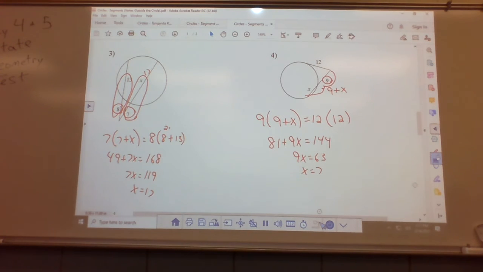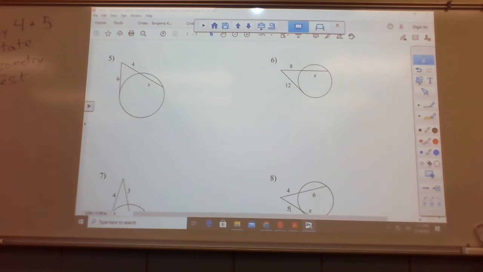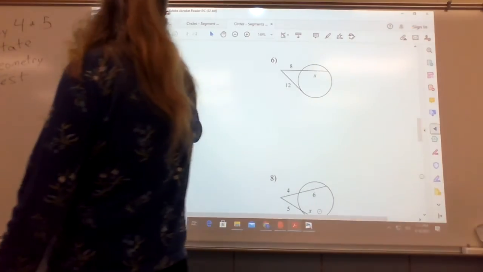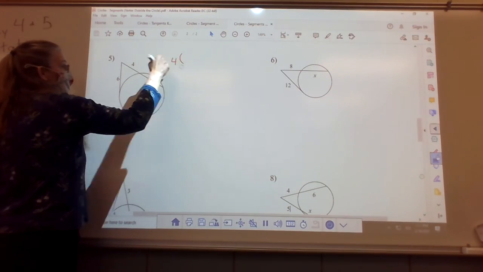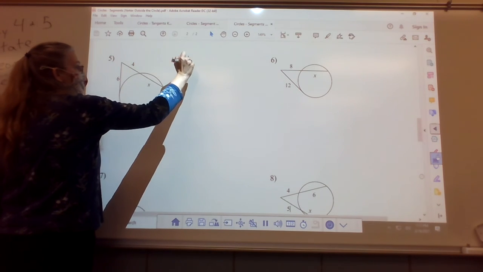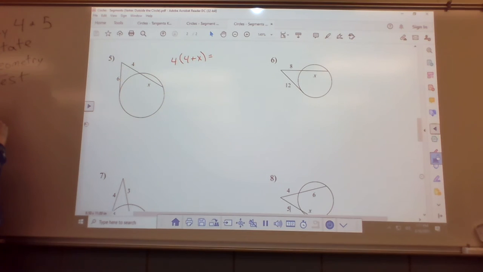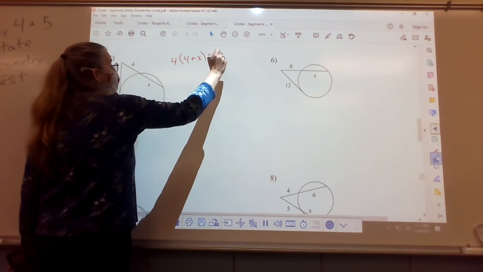Indeed. 5 and 6, same set. Outside plus inside. And then what's going to go on the other side of the equal sign? 6 times 6, or 6 squared.